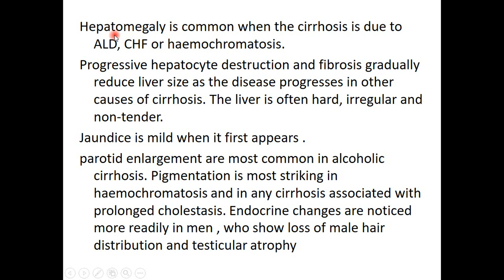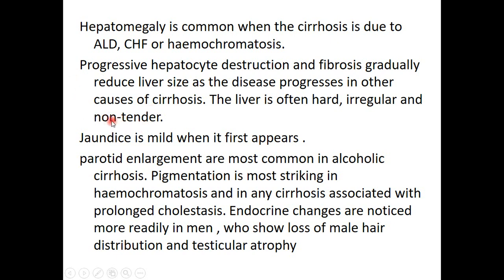So hepatomegaly is common when the cirrhosis is due to alcoholic liver disease, congestive heart failure for example, and hemochromatosis. Progressive hepatocyte destruction and fibrosis gradually reduce the size. So the commonest finding will be a small, shrunken liver size as the disease progresses in other causes of cirrhosis. The liver is often hard, irregular, and non-tender.